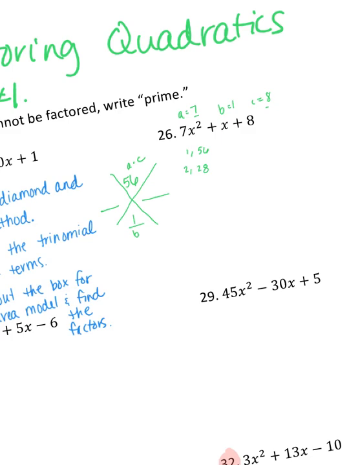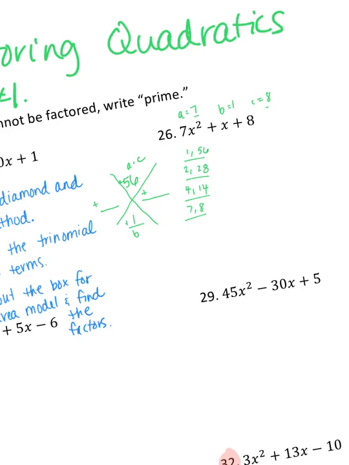4 and 14, right? And then 5, 6, and then we've got 7 and 8, and I think that's it. But we're looking for them to add, this is going to be positive 56, and this is going to be positive. So we know that both numbers need to be positive, and we are looking for any of these pairs to add up to 1, and they're never going to.